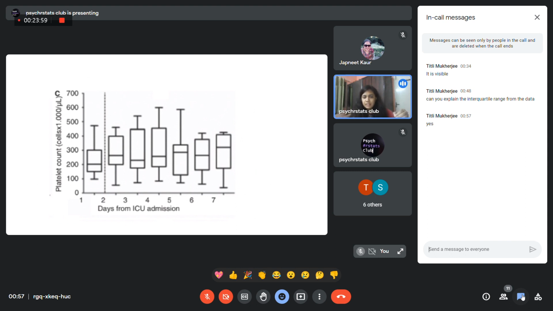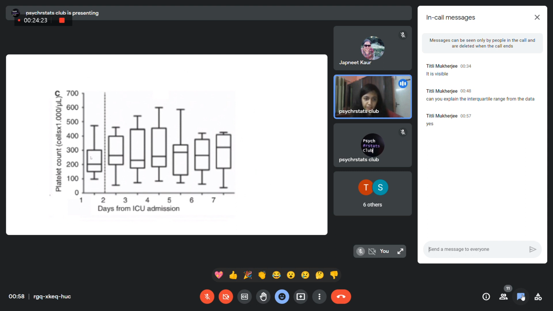The other 50% is below the 25th percentile and above the 75th percentile. So your extreme values won't affect the interquartile range. It gives you a better understanding of where most of your data lies, which is why we look at interquartile range.